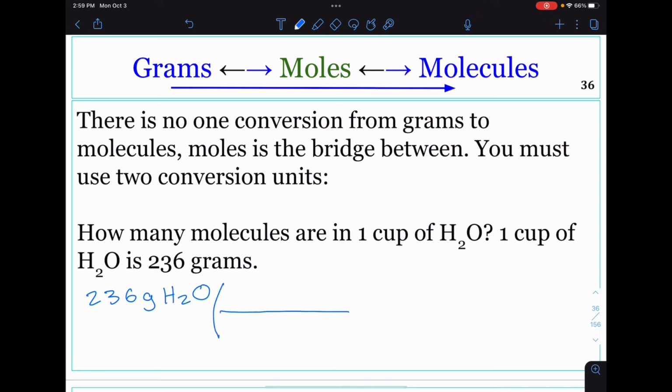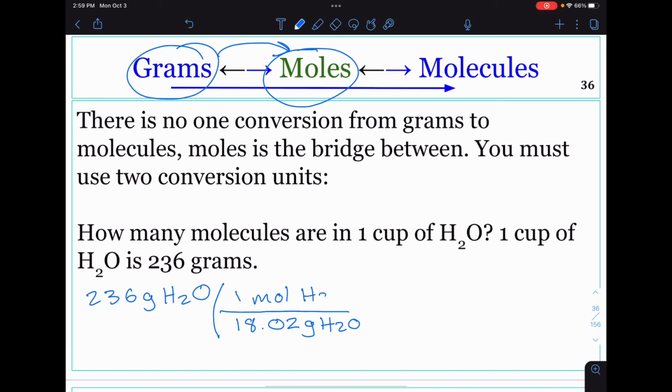First, we need to use molar mass because we're starting in grams and we're going to get to moles. We're going to put the molar mass of water on bottom so that the grams units cancel, and we're left with moles on top. Now we use Avogadro's number, but we're going to put 1 mole on bottom so that the moles cancel, and you put Avogadro's number on top.